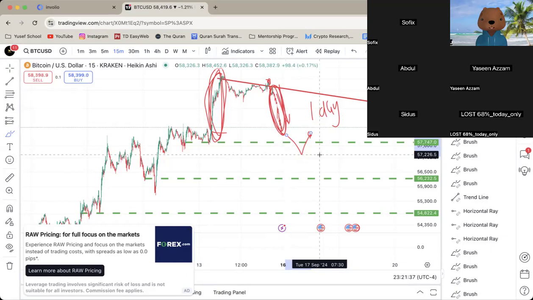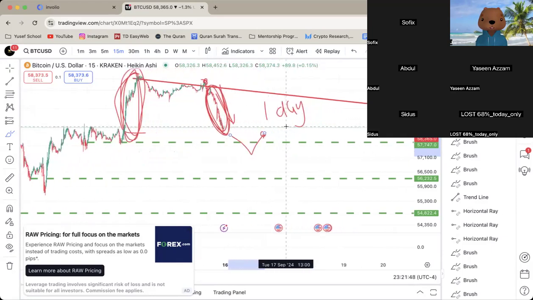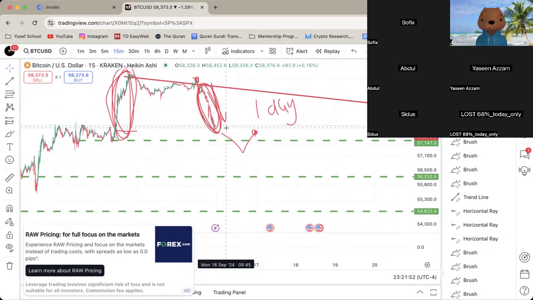But how bearish is it going to be? Where is this bearishness taking us? It's taking us to the last support, right? Because bearish just means price is headed to support. And bullish means headed to resistance.